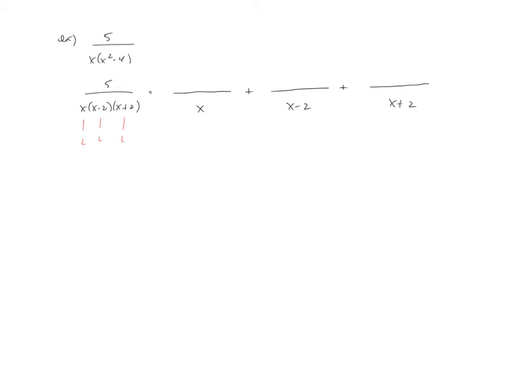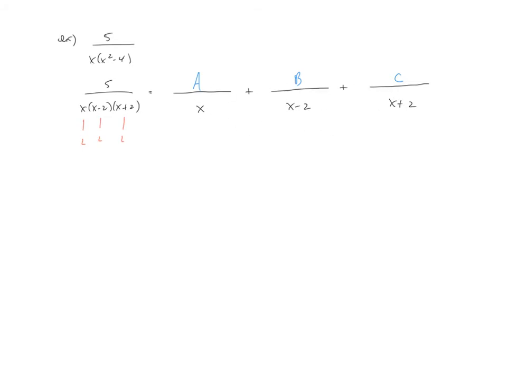So I'm going to go ahead and put an A on top. Same thing here, I'll put a B and a C. All of these A, B, and C are constants because they have to be less than the function in the denominator. So from here, we can go ahead and combine all of these things again.